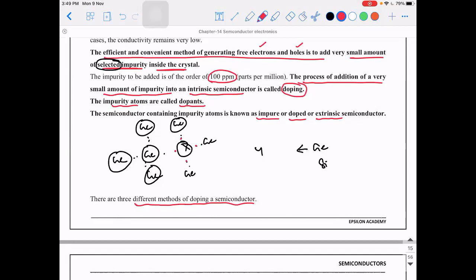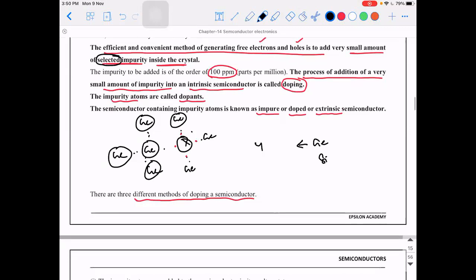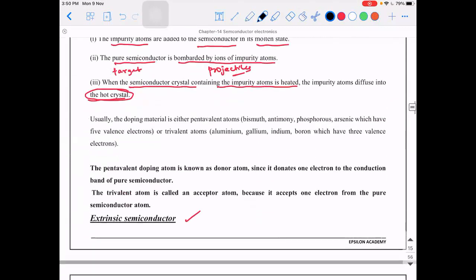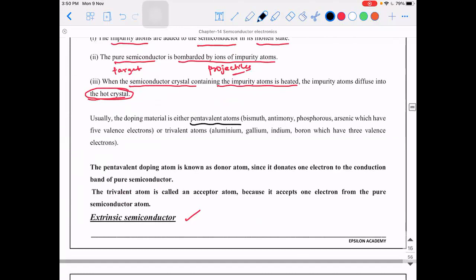Right? But we need excess electrons. So what is the minimum number of electrons this impurity is supposed to contain? 5. It should have 5. Generally we don't say the minimum number is 5, so you can add a pentavalent or even valency 6 atom. Generally, for generating excess electrons, it is pentavalent atoms that are added as impurity to the pure semiconductors.